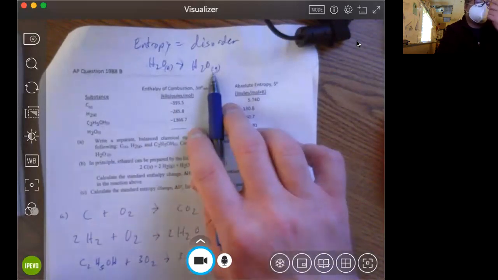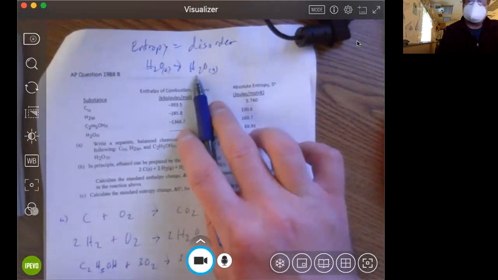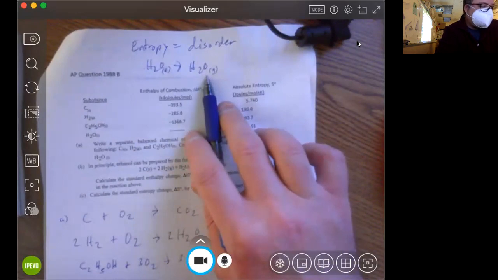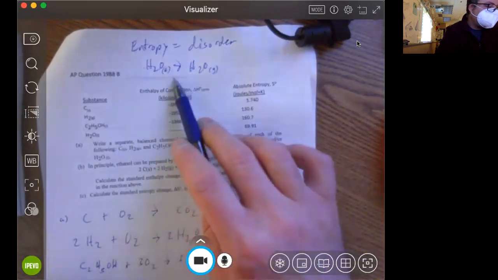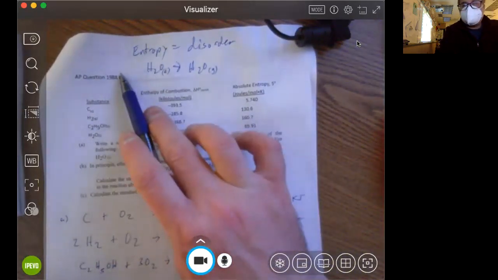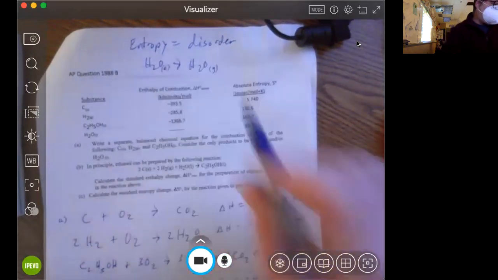These particles are moving faster. 1, the distance between them is much greater than the size of them themselves. 2, they're moving in every which direction. And if we look at them as an ideal gas or whatnot, we have them as not having any interactions with each other. Solid would even be more ordered than liquid. So that's one way to look at entropy.